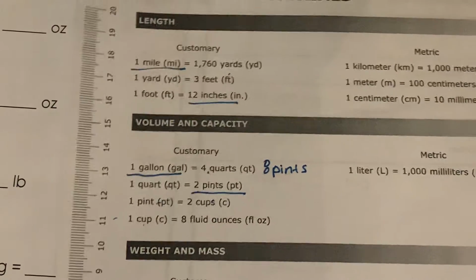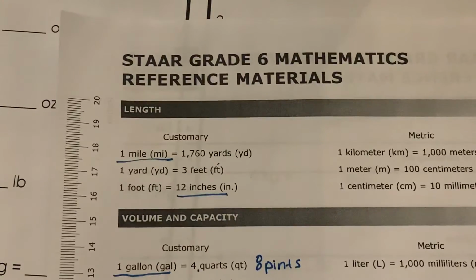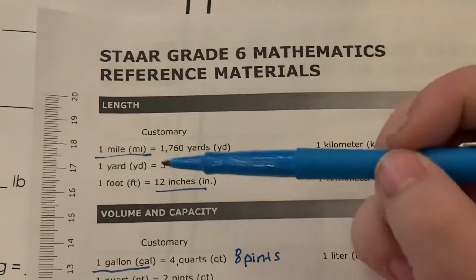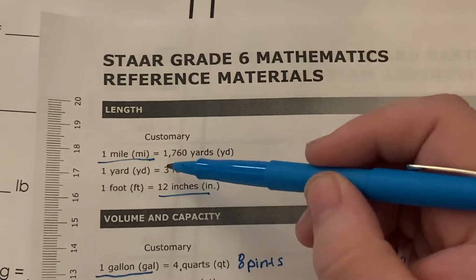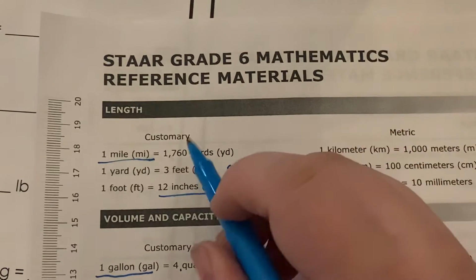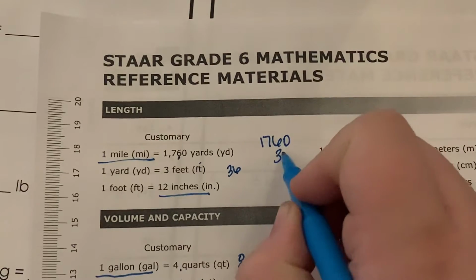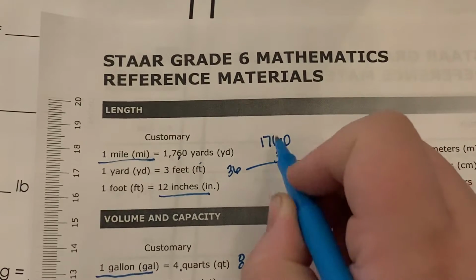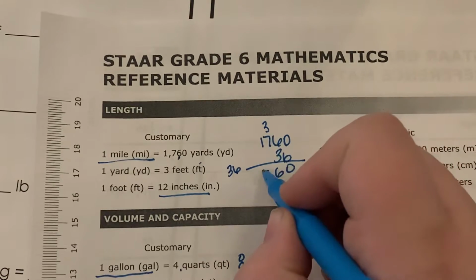Okay, so let's go back and look at the miles and inches. So if we were trying to convert miles and inches, right, we were going to have to multiply this inches up here to get it up to the miles. So 12 times 3 is what? And then we're going to have to multiply 36 times what? 1,760. Right. That's a big one.